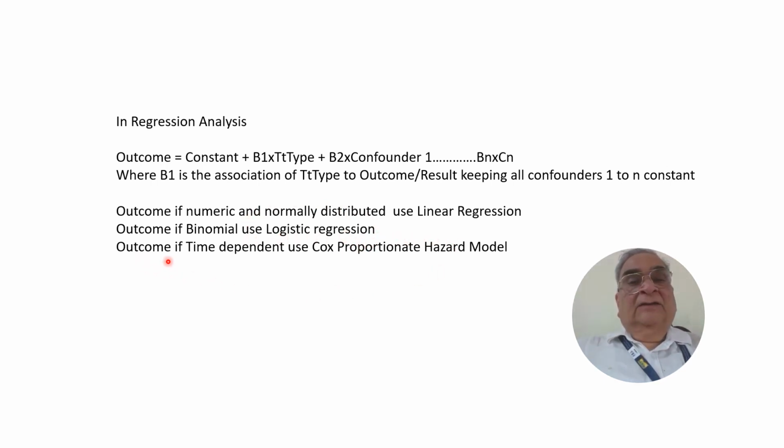And if the outcome is time dependent, as to when did the patient die, a patient of cancer treated by treatment A or B, when did they die? That is a time dependent variable. Then you use the Cox proportional hazard model. And all these three options are available in EpiInfo.